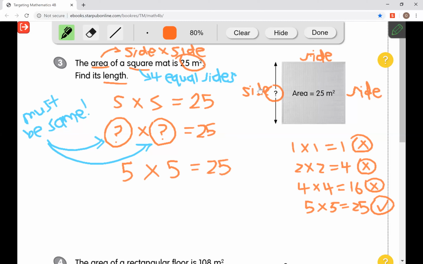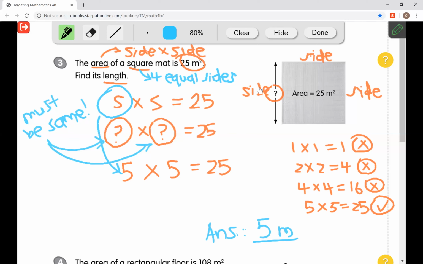That means that the length of the side is 5 meter, not centimeter.